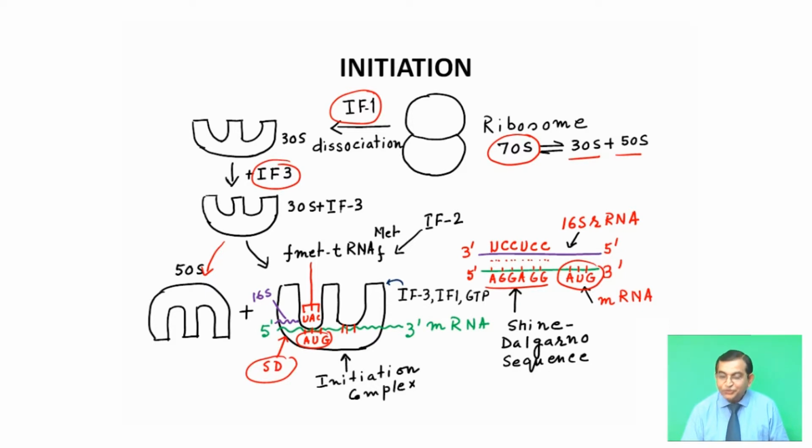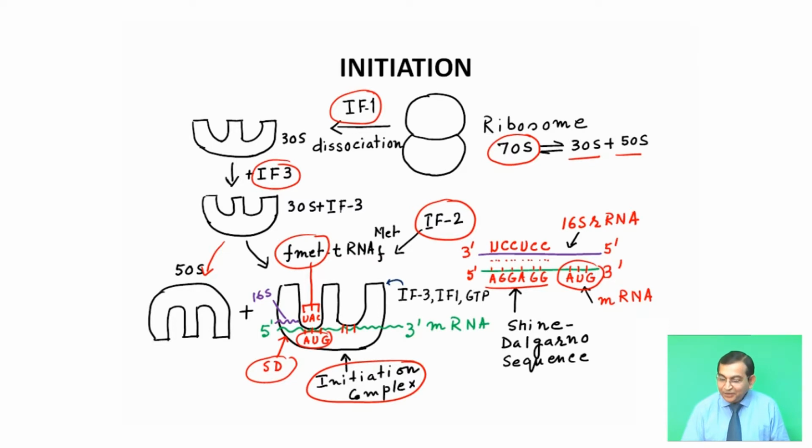This methionine is formylated, so it is called fMet. This tRNA is brought to the initiation codon AUG by initiation factor IF2. Thus, in the 30S initiation complex, IF3, IF1, IF2, mRNA and GTP bind. So this is called the initiation complex.